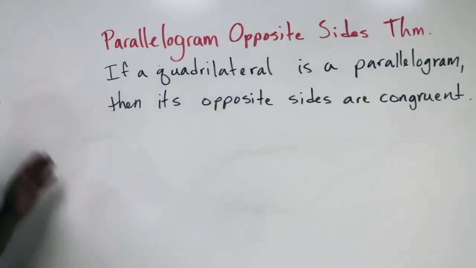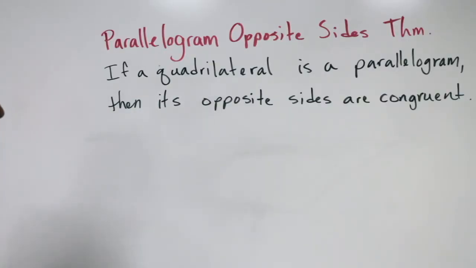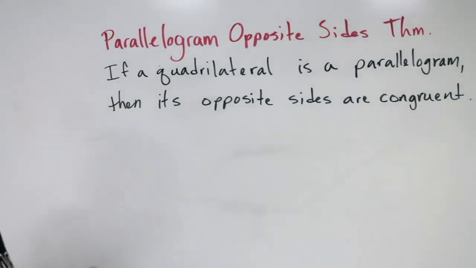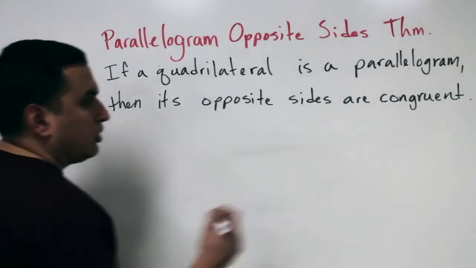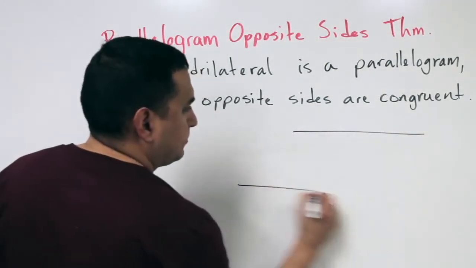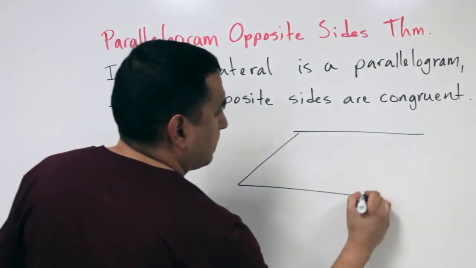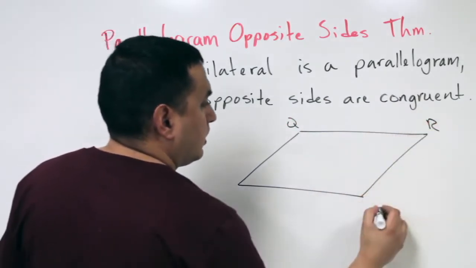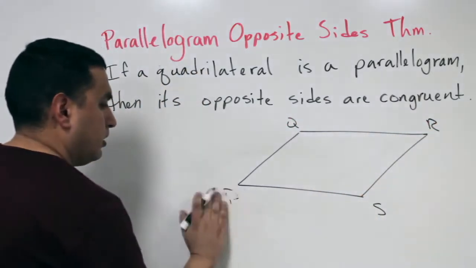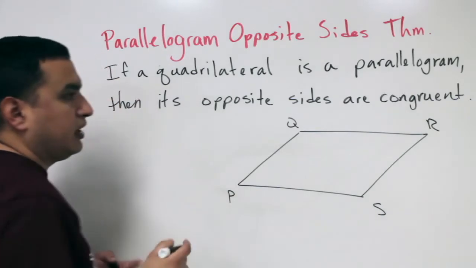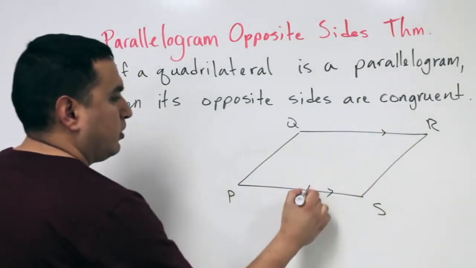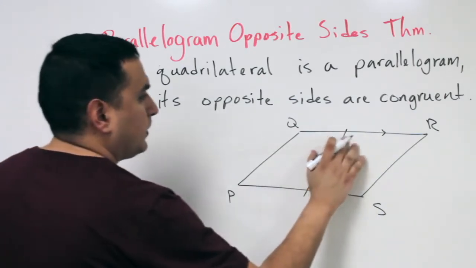Okay, next we have the parallelogram opposite sides theorem, and what that simply says is that if you have a parallelogram, then you know that the opposite sides are congruent. So if I draw a parallelogram, I'll just call it Q, R, S, and P. And that means that these sides here that we had marked previously parallel, they're also congruent to each other.